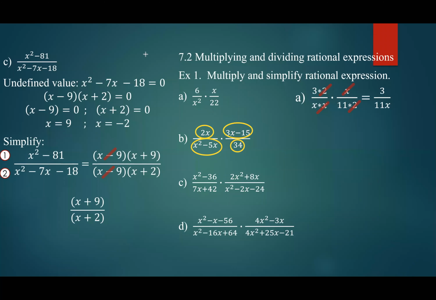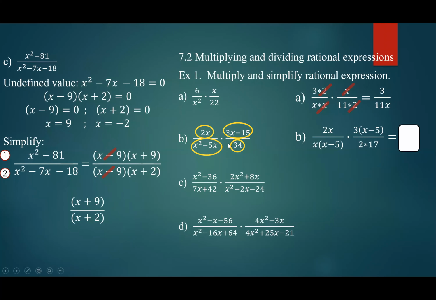So at the first item, do you agree that 2x is just 2x? At the second item, x squared minus 5, what can you factor out? Well, this is a binomial. We can take out an x because there's an x squared and there's an x.